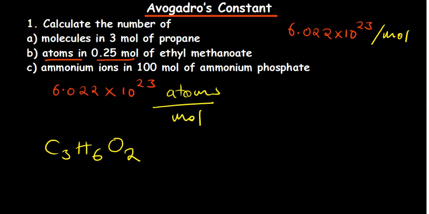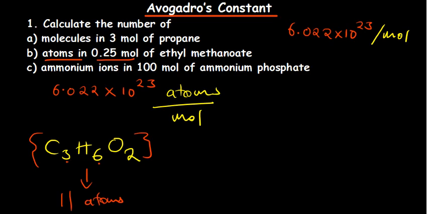As a molecule, we're just going to multiply by the given number of moles. Now in this case, atoms. So this is a molecule. How many atoms are there? 3 plus 6, 9 plus 2, that should be 11 as well. So you have 11 atoms.